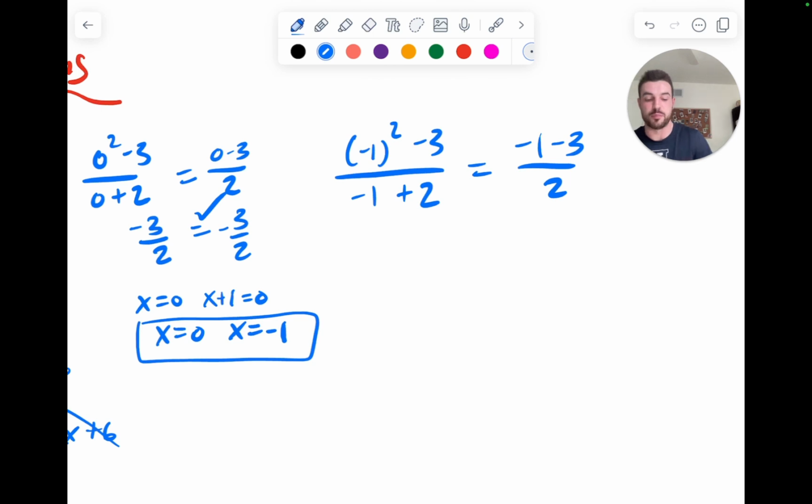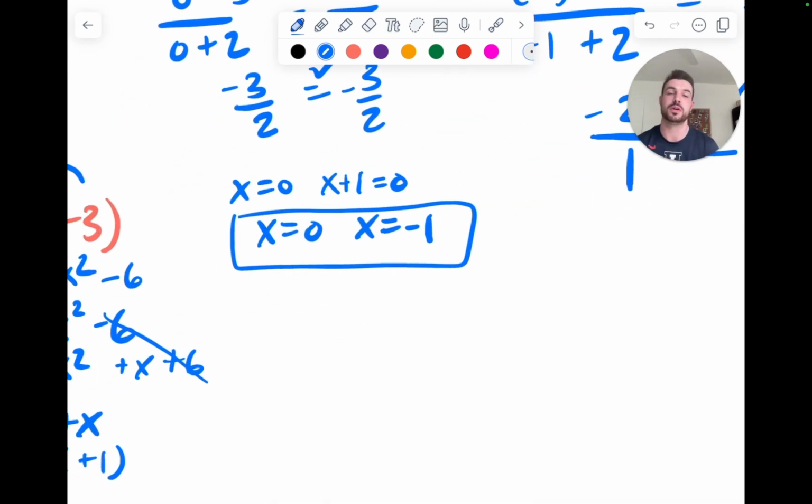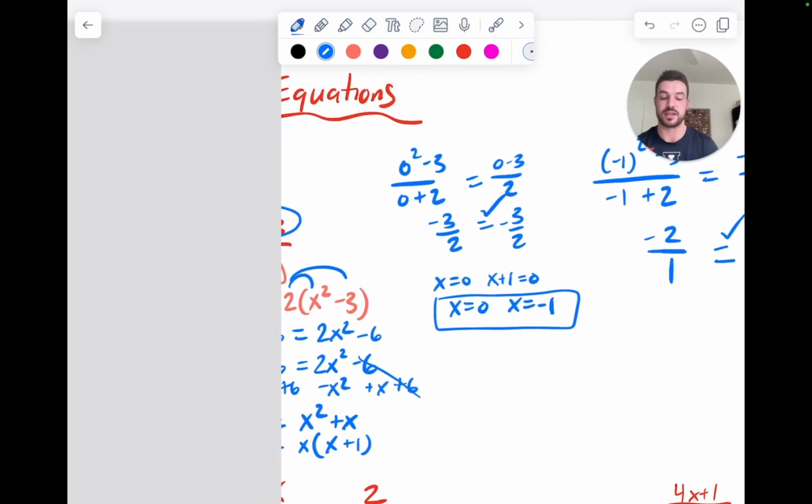And I will end up with, well, negative 1 squared is 1. 1 minus 3 is going to be a negative 2 over 1 equals negative 4 over 2. And again, those two things are equal. They're both equal to negative 2, so that checks out as well. And my answer is going to be x equals 0 and x equals negative 1.